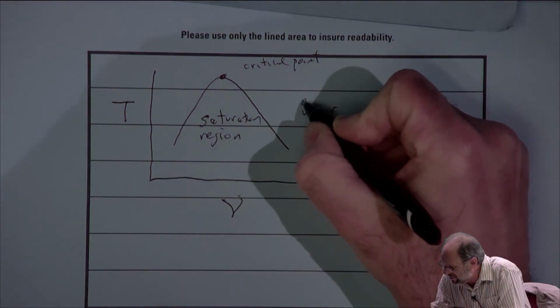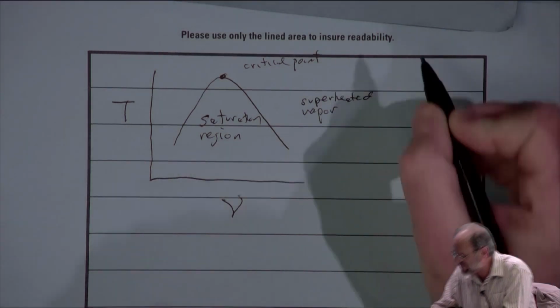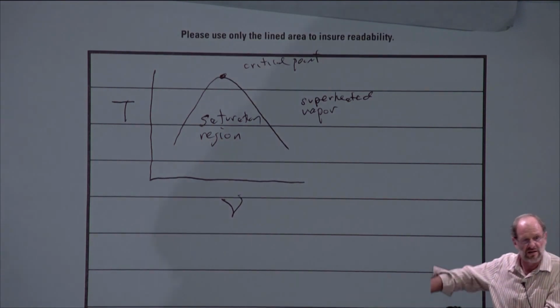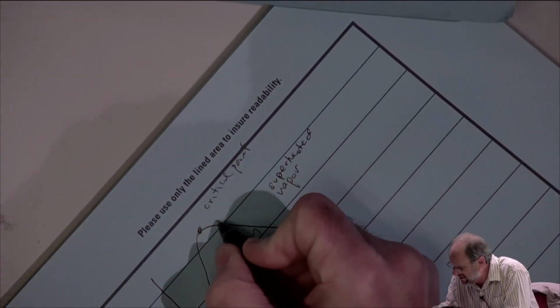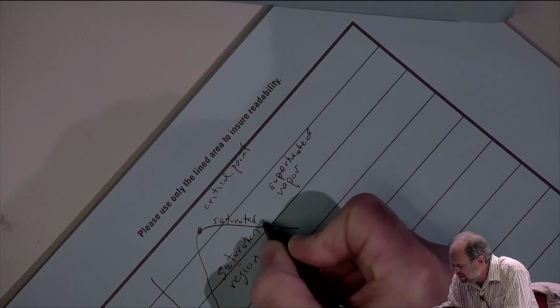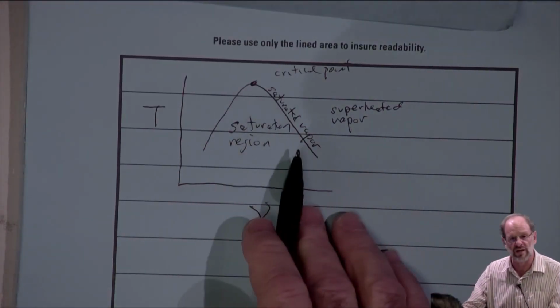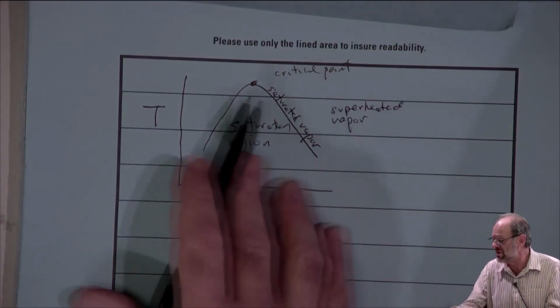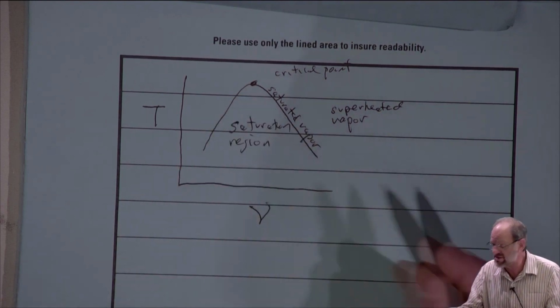We use the word superheated vapor to represent anything to the right of the dome. And if we're actually right on the dome, then this is called a saturated vapor. So the saturation region is a mixture of part saturated vapor and part saturated liquid.